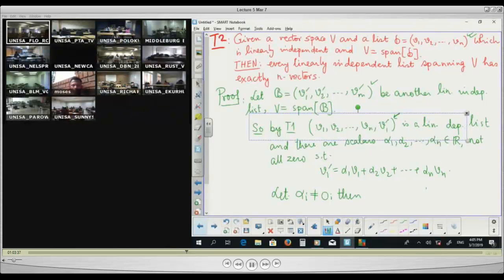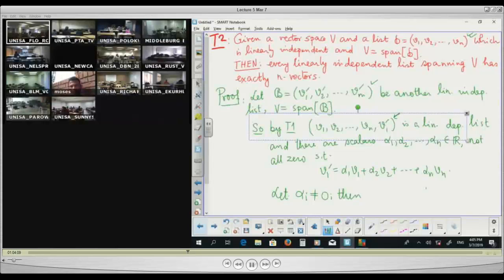Clear? But you had said V1 prime is a linear combination of V2 prime. I didn't say that, because V1 prime and V2 prime are linearly independent. V1 prime is a linear combination of V1, V2, Vn of this initial list that I started off with. Okay. I see.